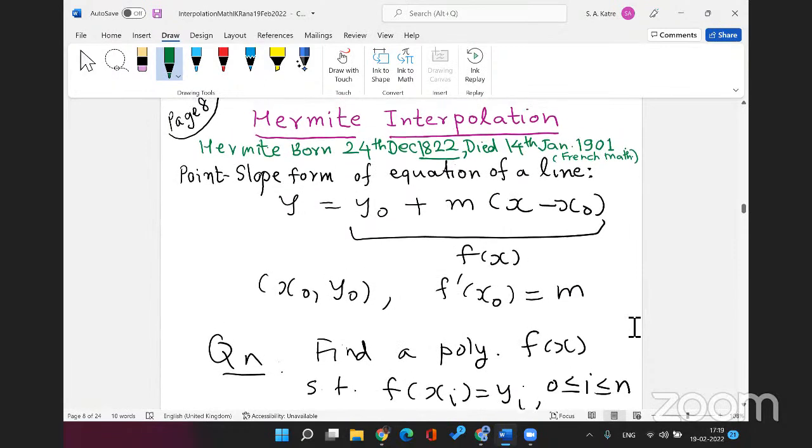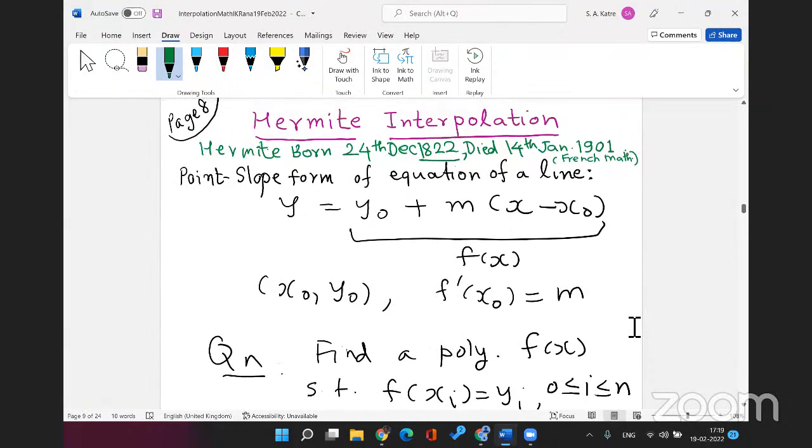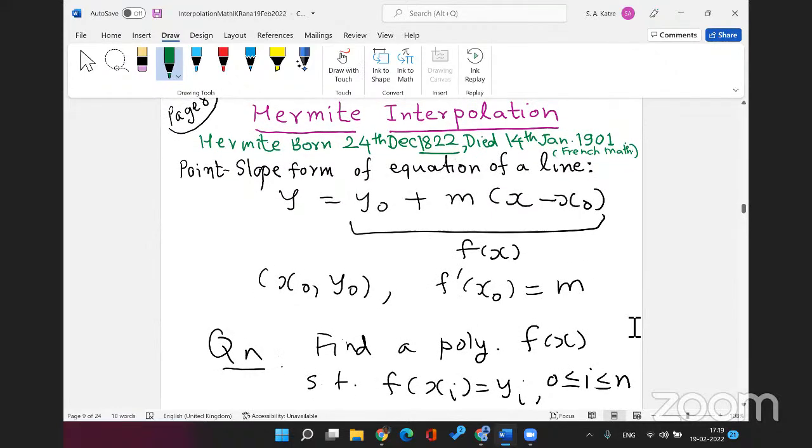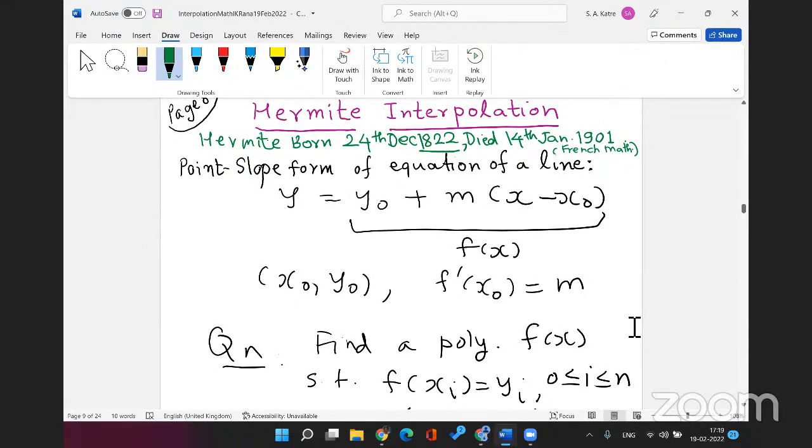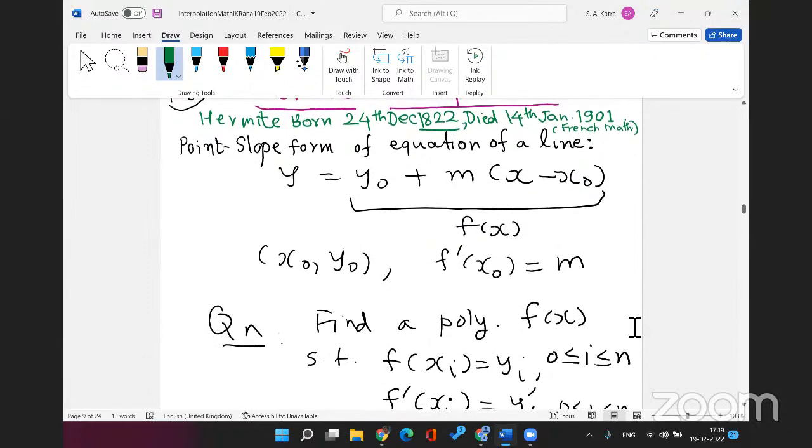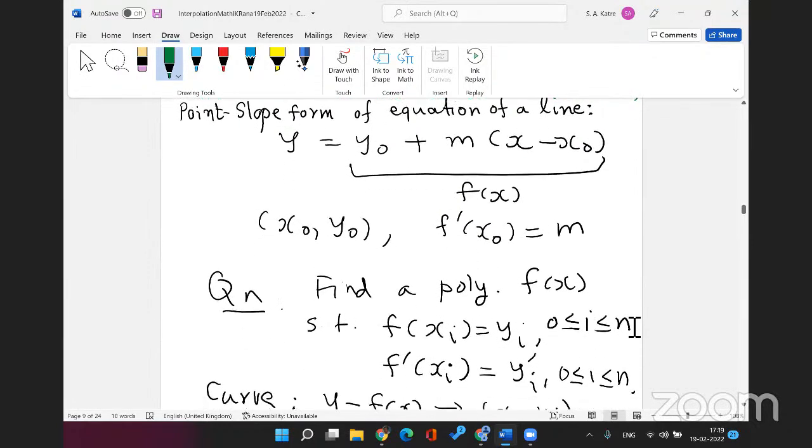Now, Hermite considered the other way of writing the equation of a line, y equal to y naught plus m into x minus x naught, where m is the derivative, f dash x naught equal to m, and y equal to f(x) is what we are interested in.